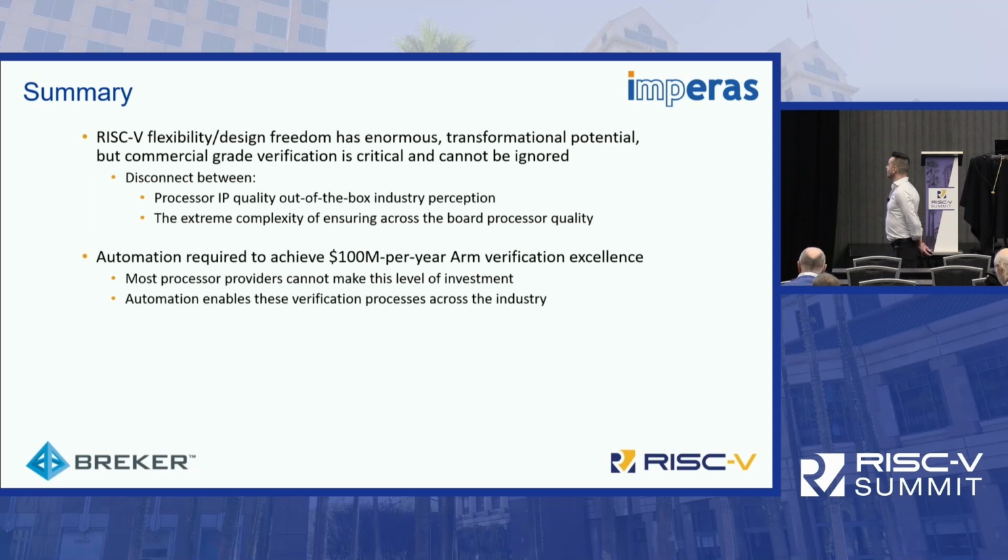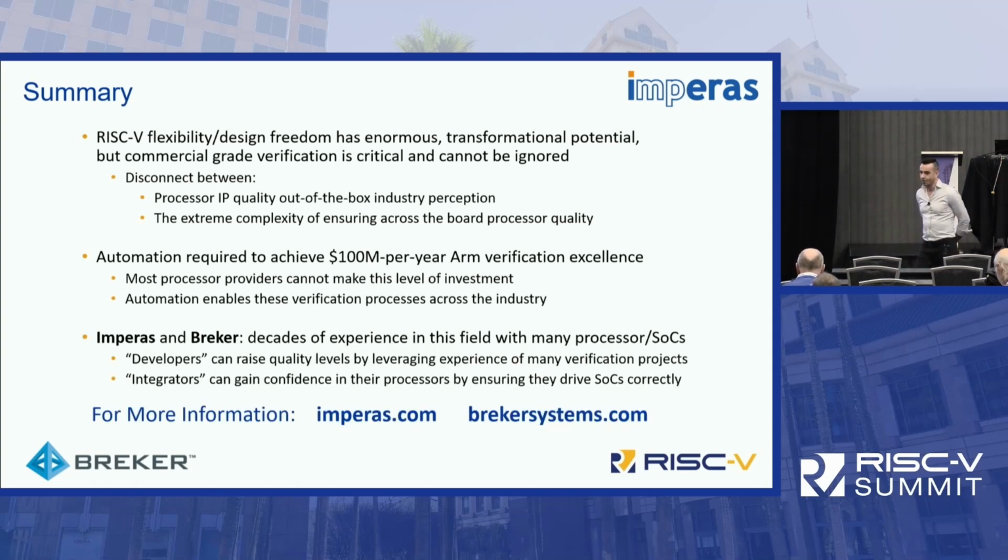So the way for us to actually play catch up and not having to spend $100 million every year to do verification of RISC-V cores, it's the automation that we talked about, the test automation. It is collaboration with the different players in our markets. And it's also giving the right people the right tools to work with.